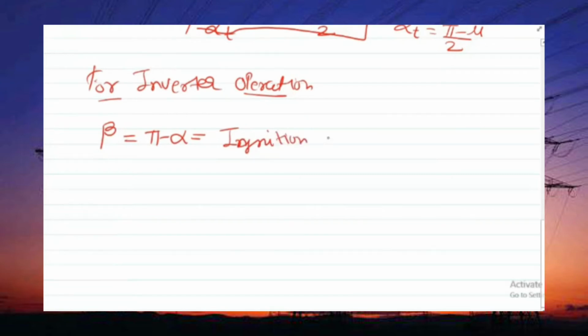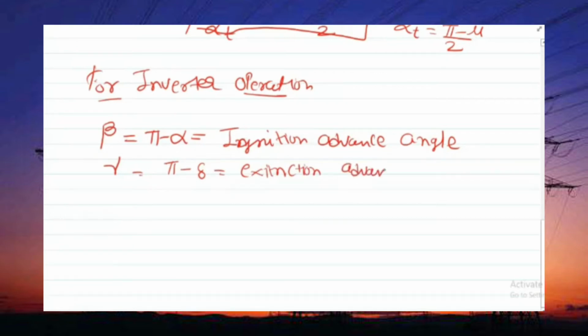The other angle, gamma, is equal to pi minus delta. It is called the extinction advance angle.